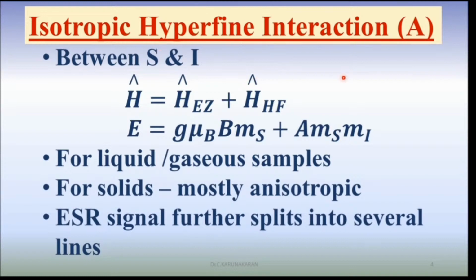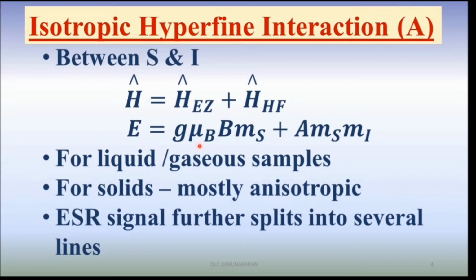We will see further. The spin Hamiltonian for EPR is H equal to the electron Zeeman term plus the hyperfine coupling interaction.